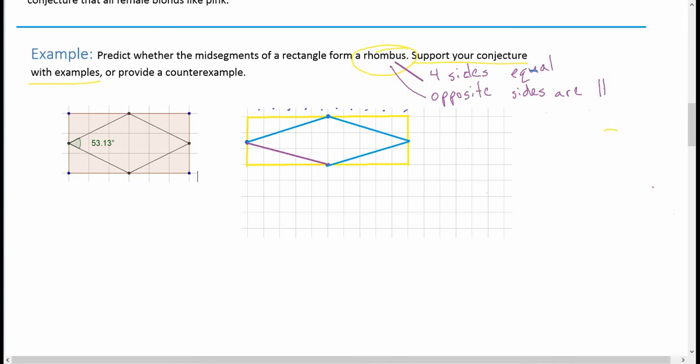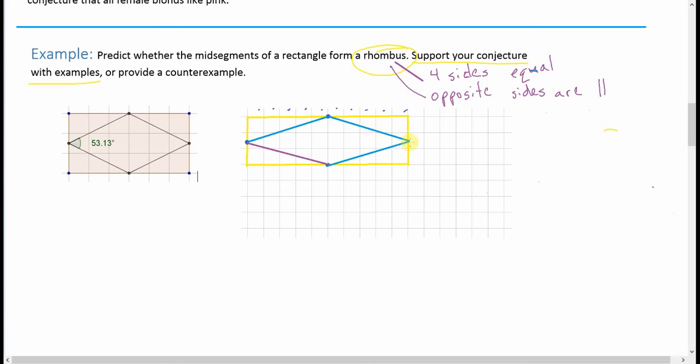I could get a ruler, that would absolutely work, but I can use the grid to help me too. So notice that this is down 1.5 and over 1, 2, 3, 4, 5. So it has a certain length to it because of that. It would be easier just to measure with a ruler.